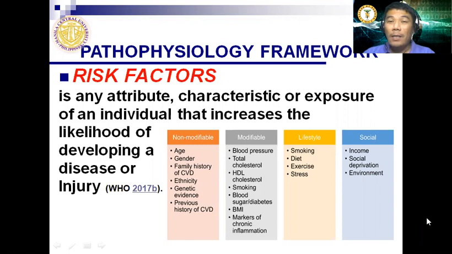So why is the client tested with CKMB? To identify if the client had a history of heart attack, if it could identify already the problem with dead tissues in the myocardial tissues. So in this situation, the previous history of cardiovascular disease is eventually non-modifiable.